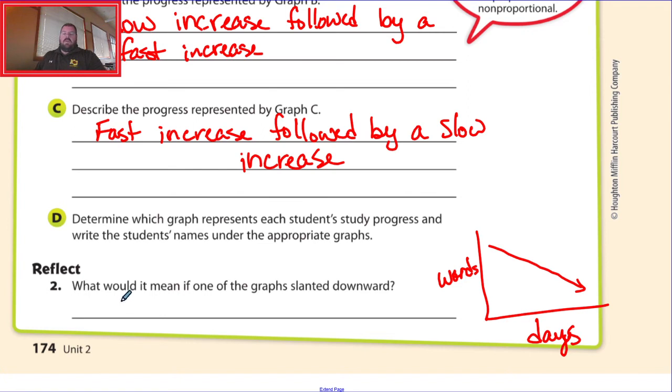It would only mean one thing, that over days, words decreased. What's another way to say that? We would say that the student forgot words. Or let's say forgot how to spell.